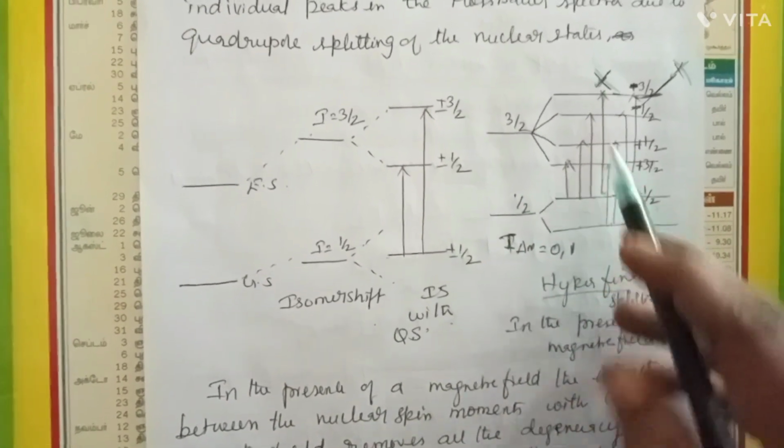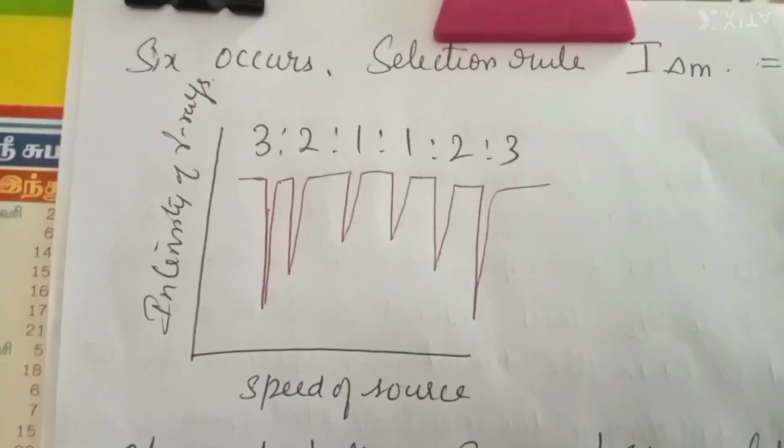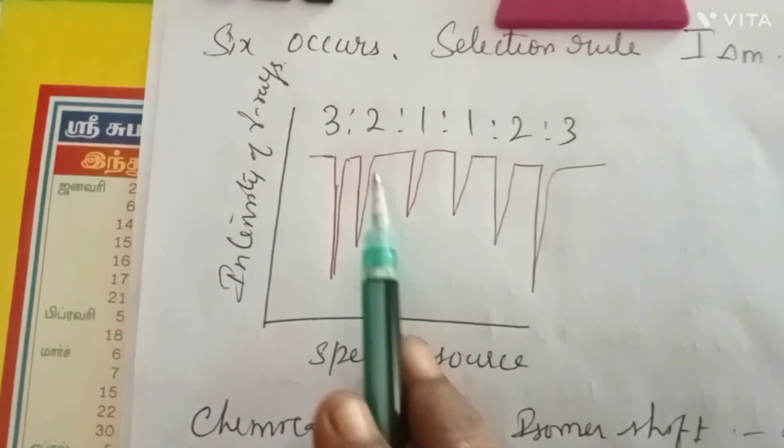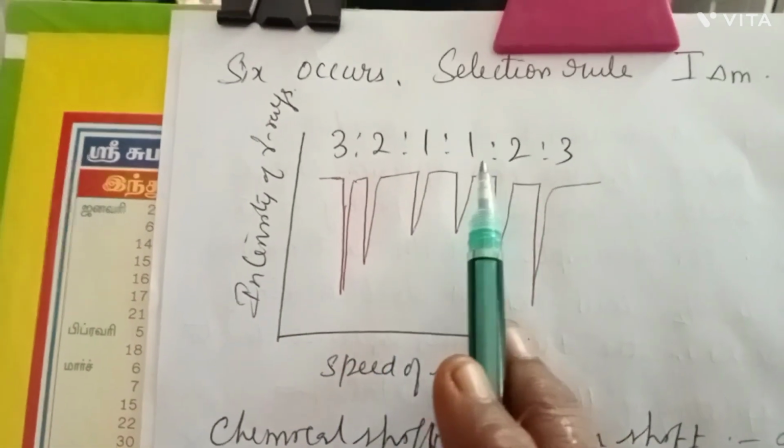So although 8 transitions are possible, of those 2 transitions are forbidden. That is minus 1/2 to minus 3/2, and plus 1/2 to minus 3/2. So these 2 transitions are not occurring.